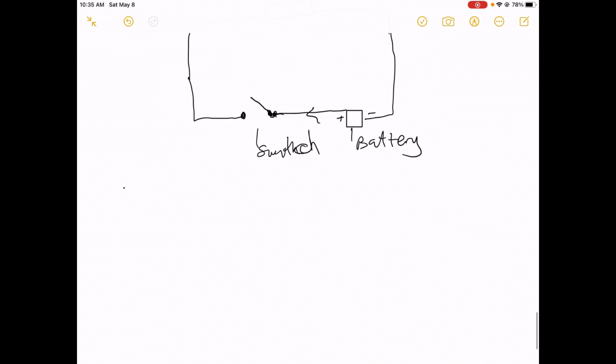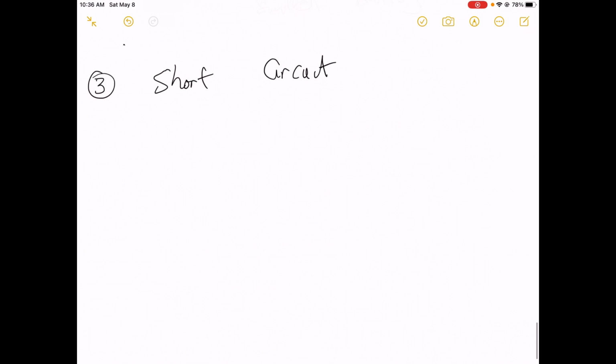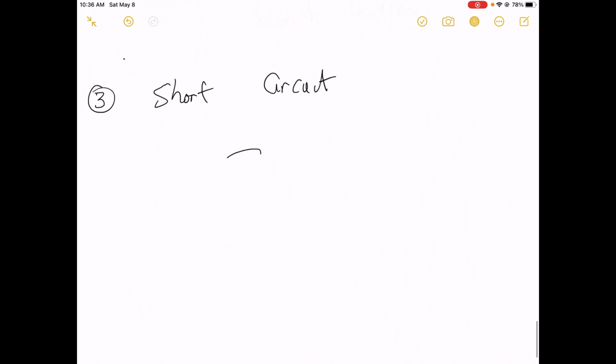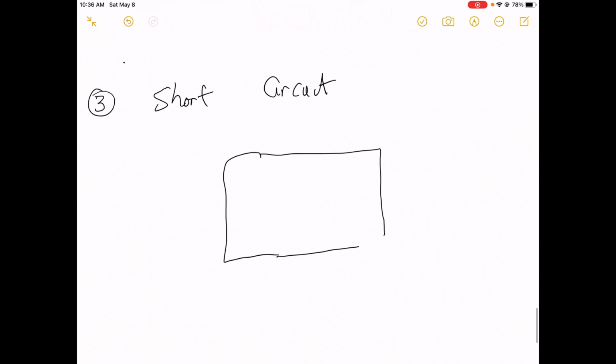Now the last one is short circuit. Short circuit is a closed circuit without a bulb. So we have a circuit without a bulb. If you look at this one, it has a bulb, it has a load on it.